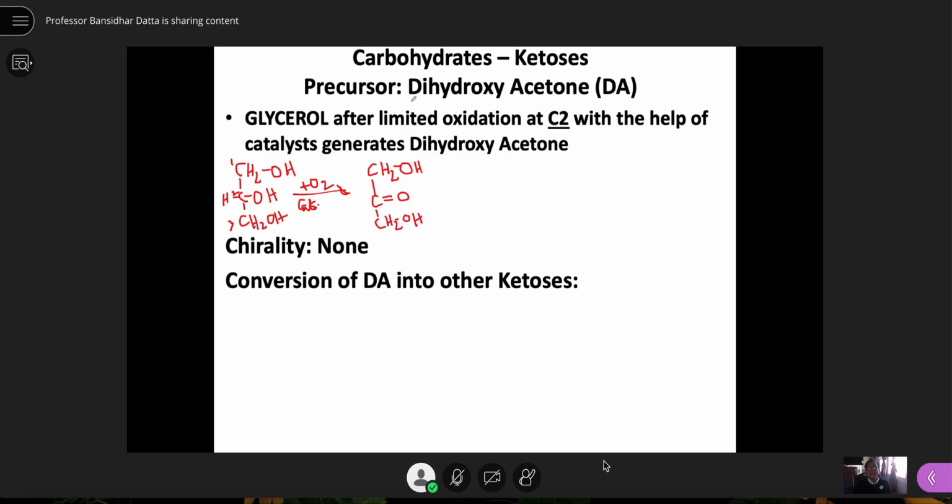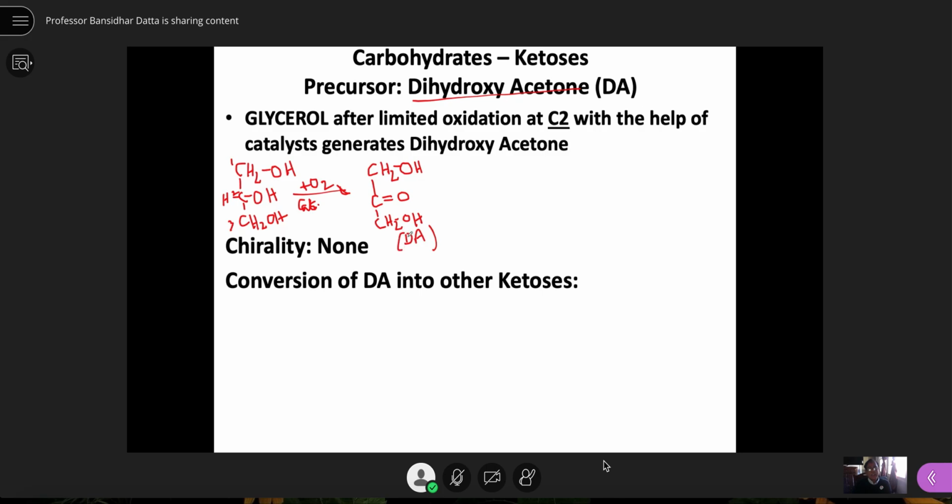This is called DHA, dihydroxyacetone. You know the formula of acetone, CH3COCH3. Replace one hydrogen on each CH3 with a hydroxyl group, giving CH2OH, C=O, CH2OH. That's dihydroxyacetone.